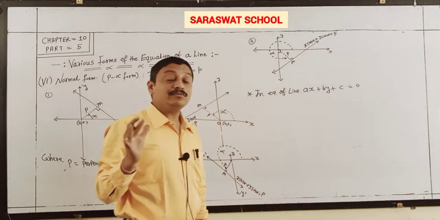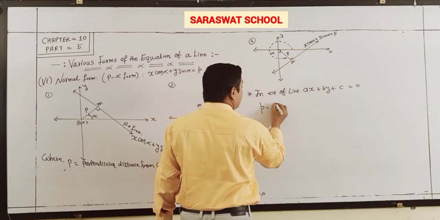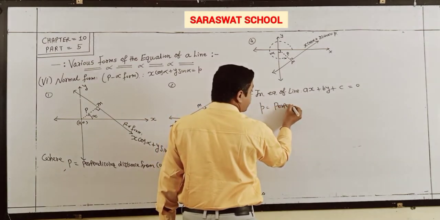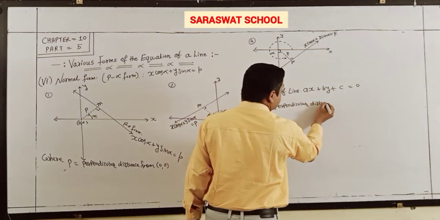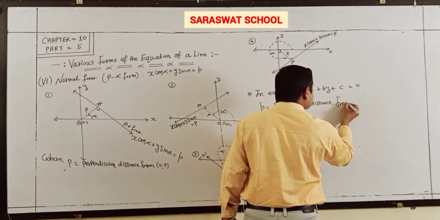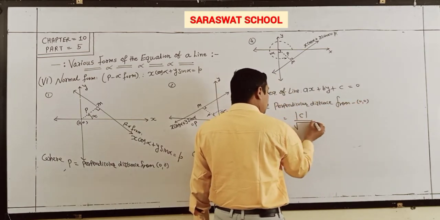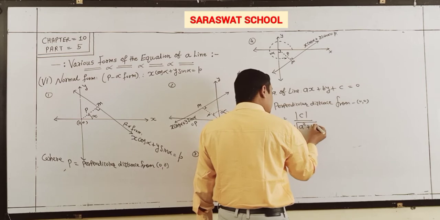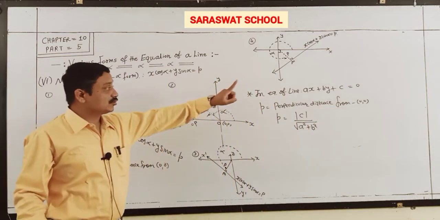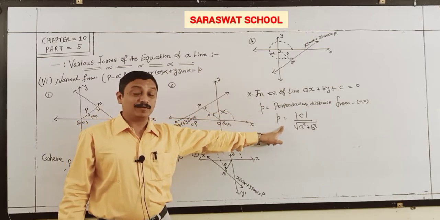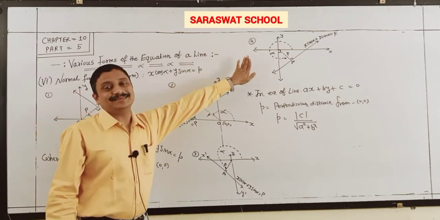If you are given a general line, then p, the perpendicular distance from the origin, is modulus c by under root a square plus b square. That's your p. If the line is written in general form, then you apply this formula, or sometimes it is given in the question, then you can plot using this data.